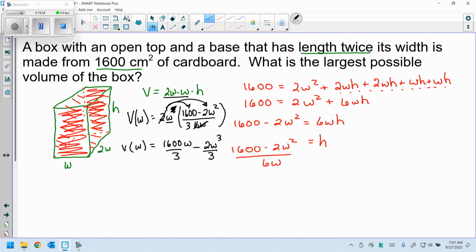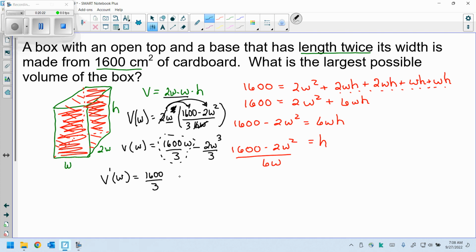Because now that looks like something that taking the derivative wouldn't be all that bad. The derivative in terms of W. Derivative of this guy, 1600 over 3. Minus, well, let's see now.